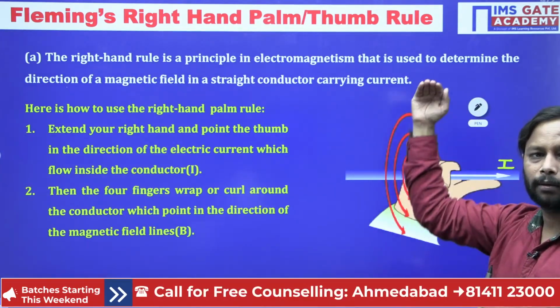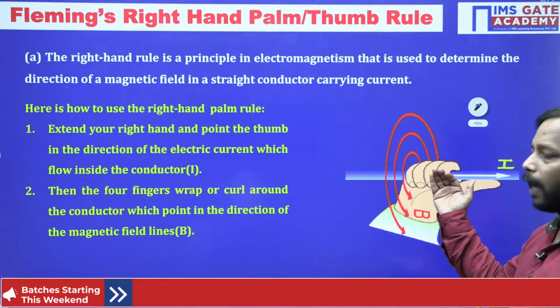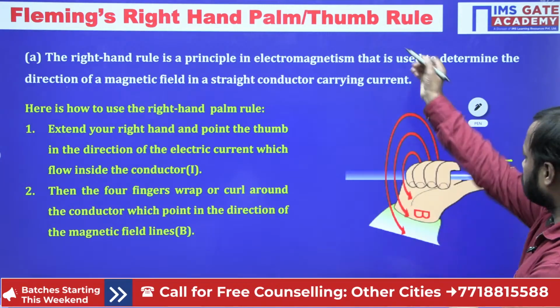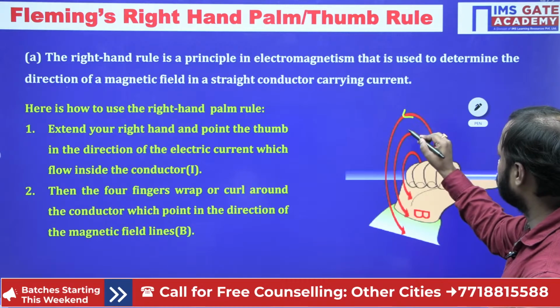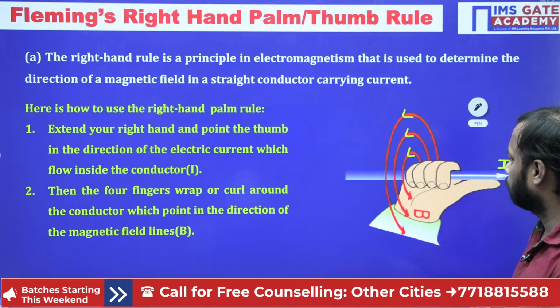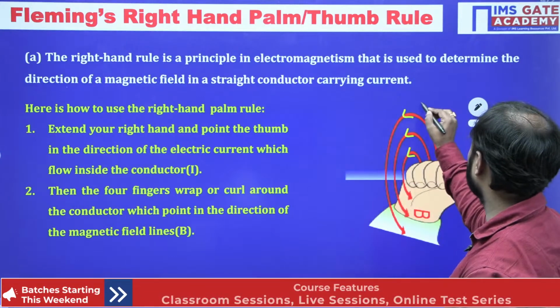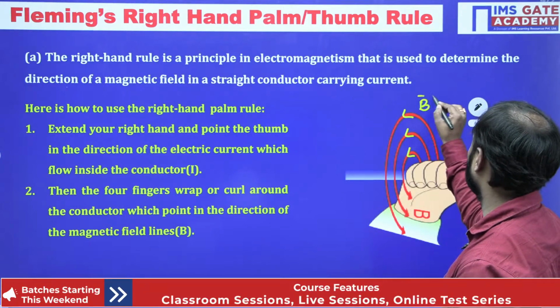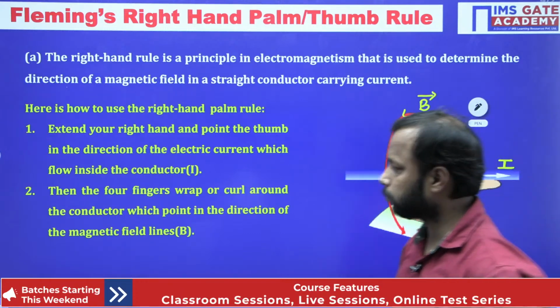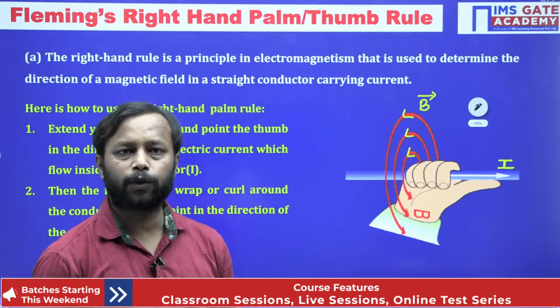Done. So what is the direction here? The direction here is like this. This red line is basically the magnetic field. Done? Any doubt?